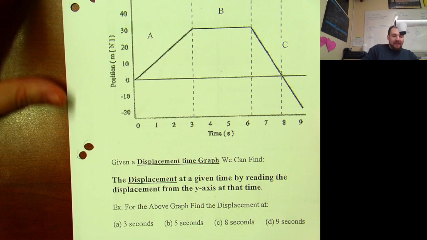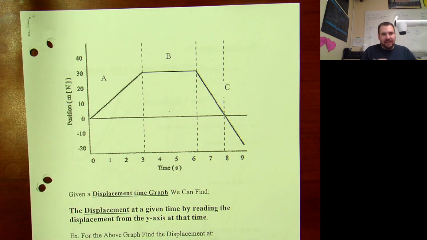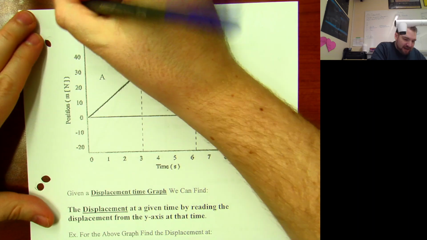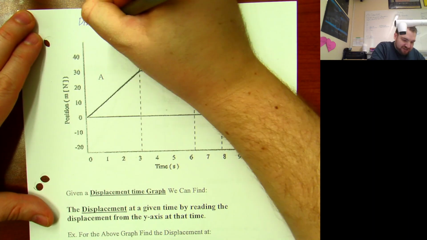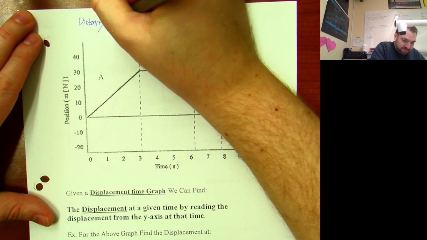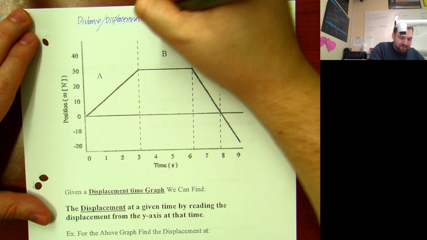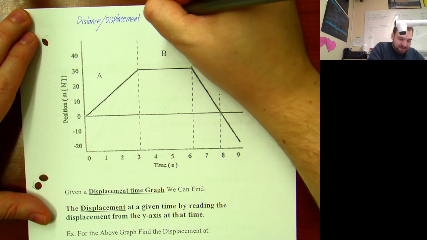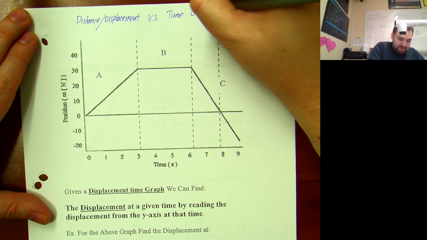So here we go. You've already kind of done this for me, but we're going to look at it in a little bit more detail. This is going to be a lesson on distance, displacement versus time graphs.